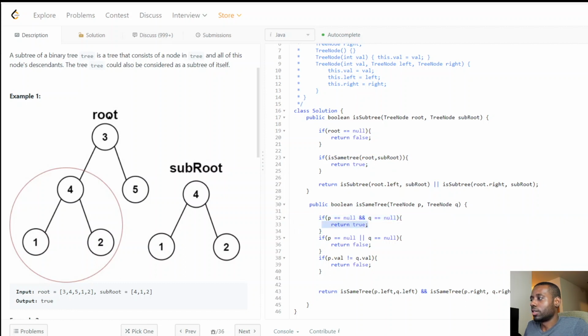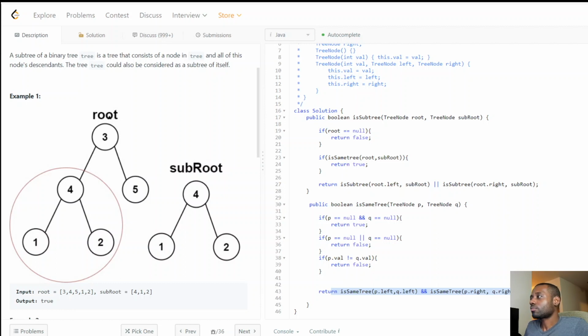Obviously, it's a good case to return true. If one of them is null and they're not null at the same time, we return false, meaning they're not the same. Here it checks the values as well. If they're not the same, return false right away. But if they're the same, we keep checking our left side and right side, making sure that the whole tree is the same. So that's the whole algorithm, guys.